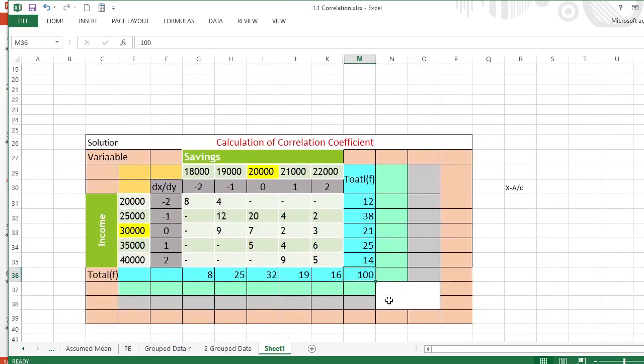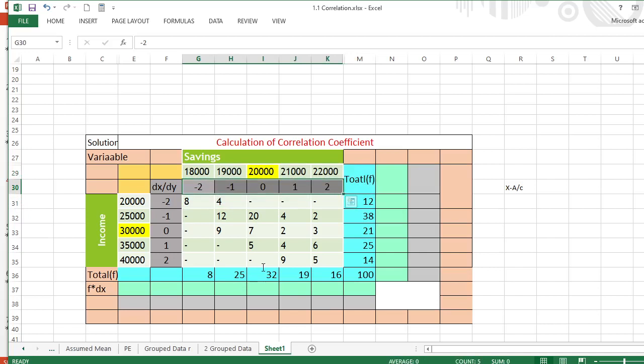You can check the total of these frequencies, the total of x series and total of y series. So after finding the f values, we need to find f into dx. Here we have f values and here we have dx values, so these two columns should be multiplied.